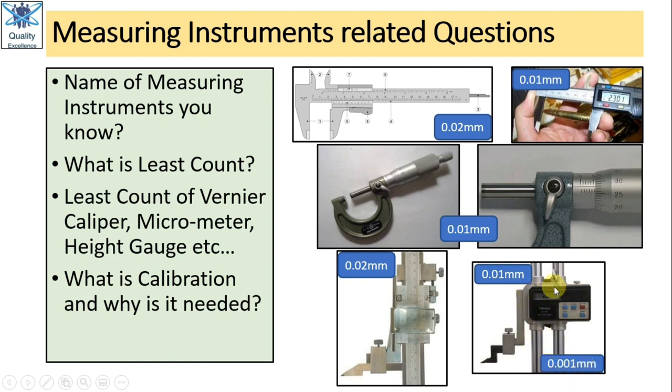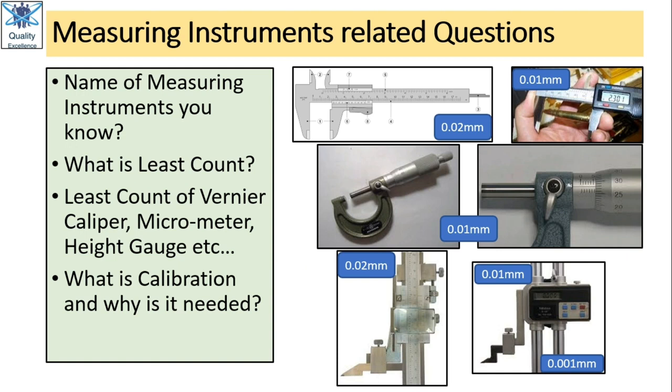So this is all about least count of some instruments. If you are aware of other instruments, you can reply accordingly to the interviewer. And they can ask you what is calibration and why is it needed. So what is calibration?